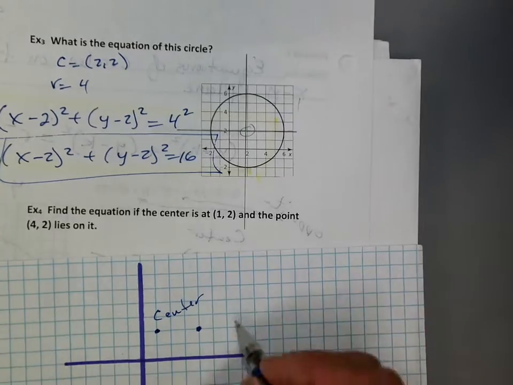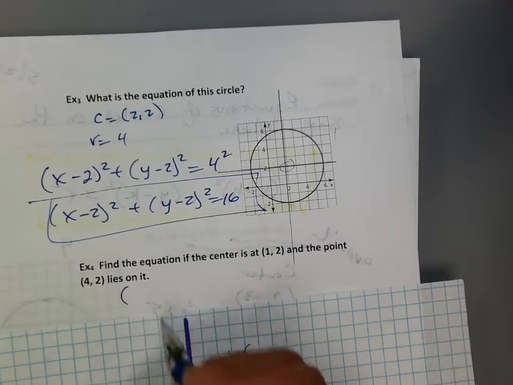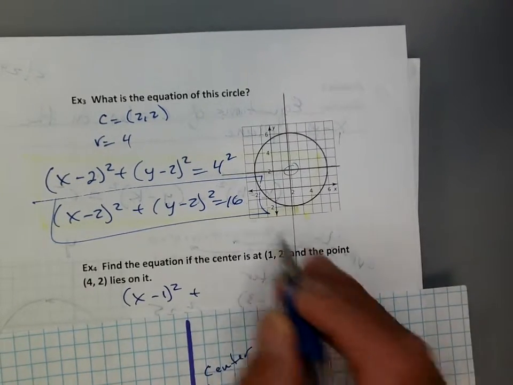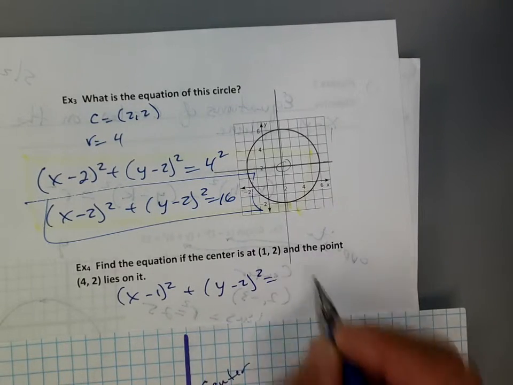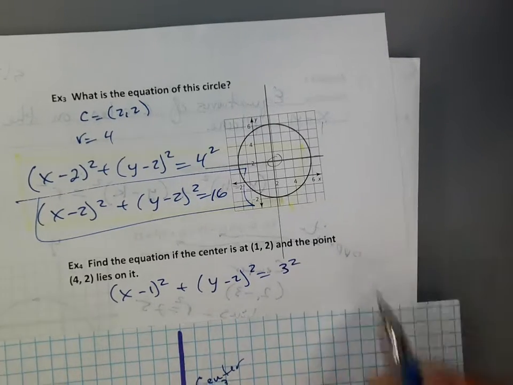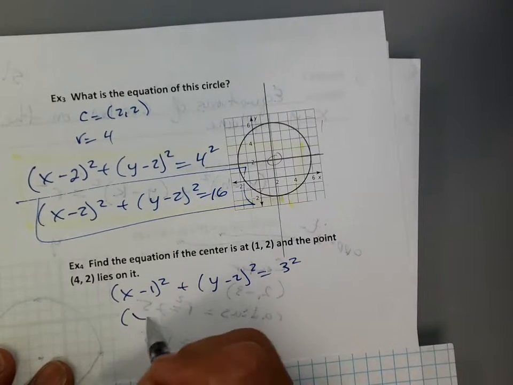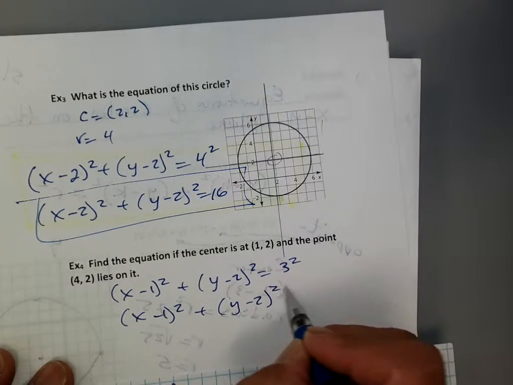We automatically know the center's here at (1, 2), so my equation is going to be (x - 1)² + (y - 2)² = ... let's count it, 1, 2, 3. The radius is 3, so 3², right? And so then you get (x - 1)² + (y - 2)² = 9.